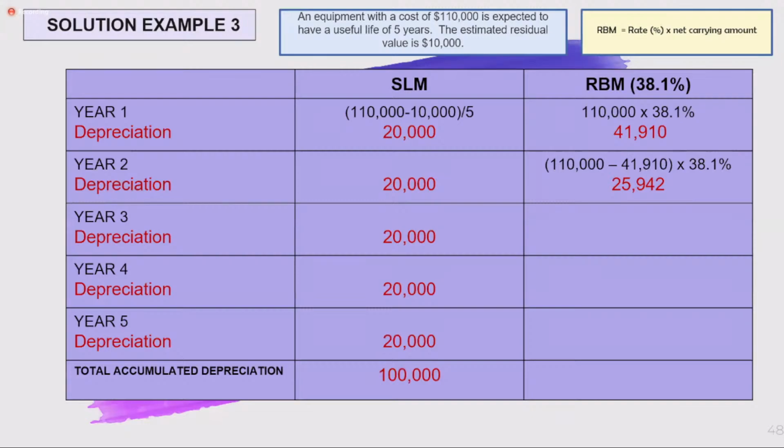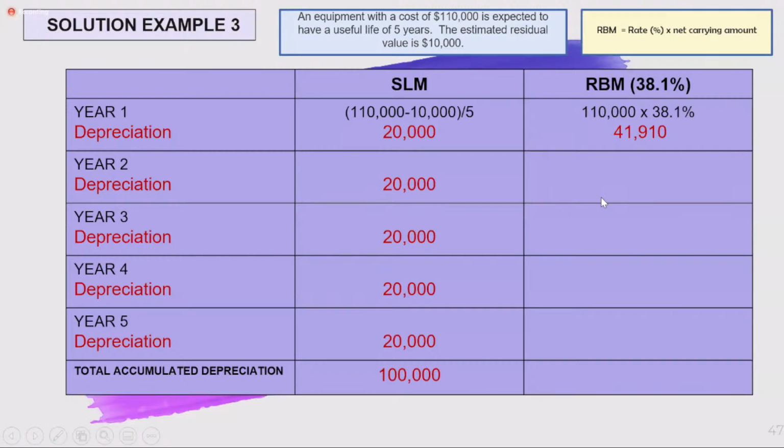Signal Olivia kurang. So I think this part, depreciation. Okay, kita mulai di sini. Untuk straight line, dia akan sama setiap tahunnya. Untuk reducing balance, first year kita kena kira, equipmentnya cost is 110 kali 38.1.